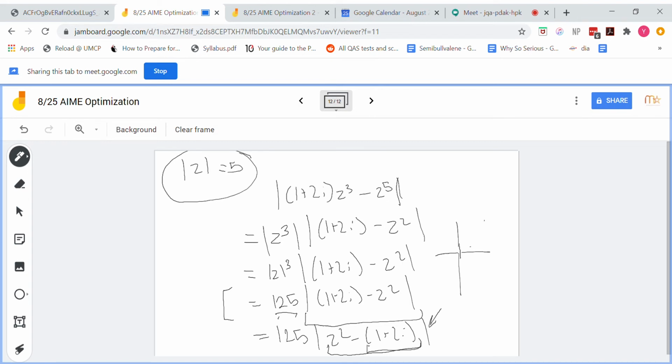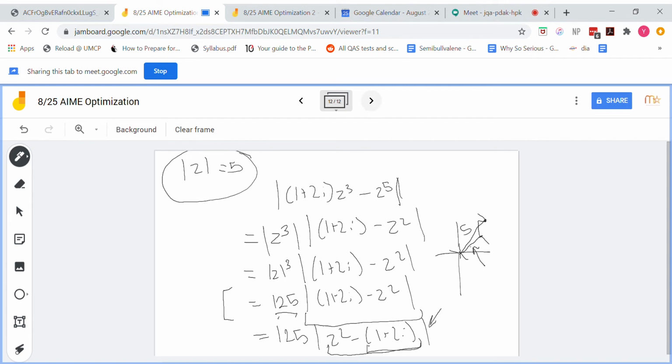So if z squared starts somewhere here, and you subtract 1 plus 2i, then this magnitude is equal to this distance right here. And we know that this original distance between z and the origin is fixed at 5. So how might we be able to put z squared such that this new distance is maximized?